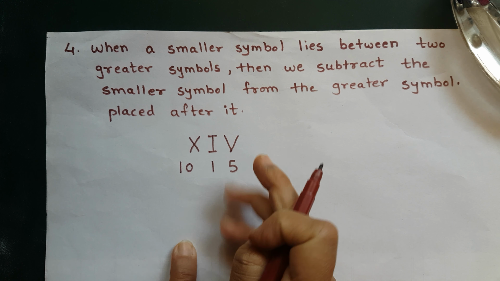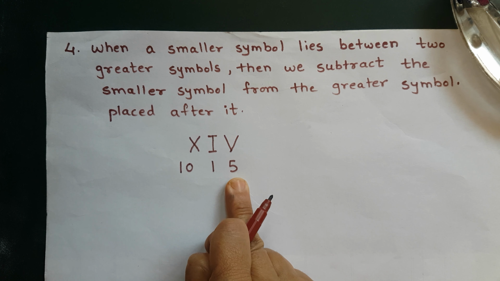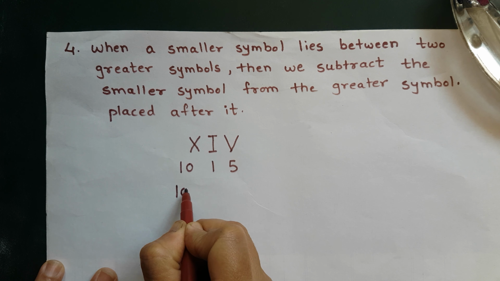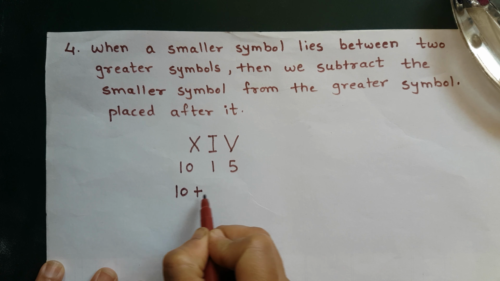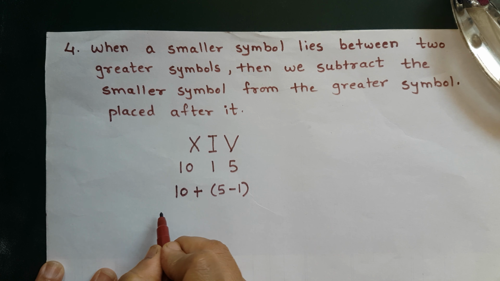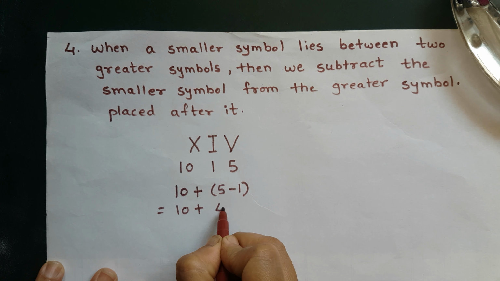See, this is the after number, this is the before number. So we have to subtract this number from the number after it. So now it will be like this. 10 I will write as it is plus 5 minus 1. So it is 10 plus 4.